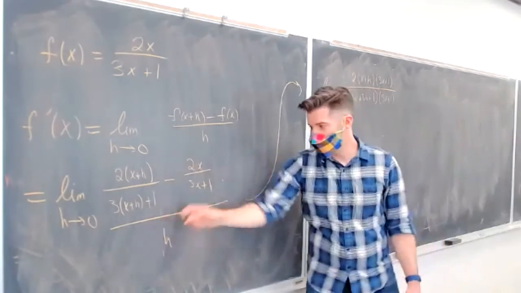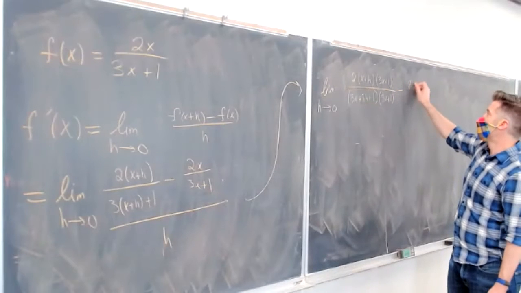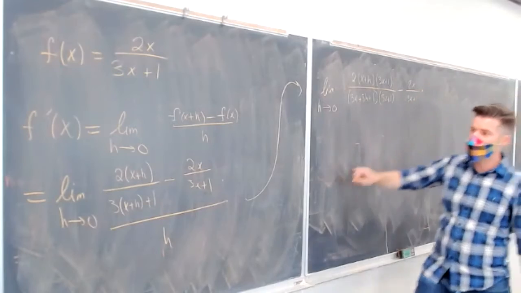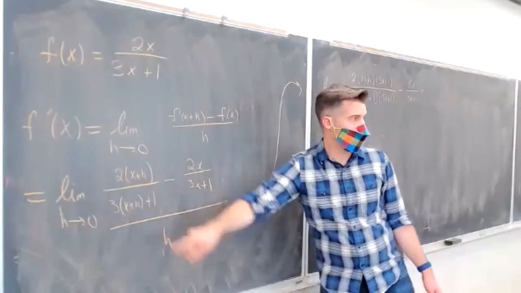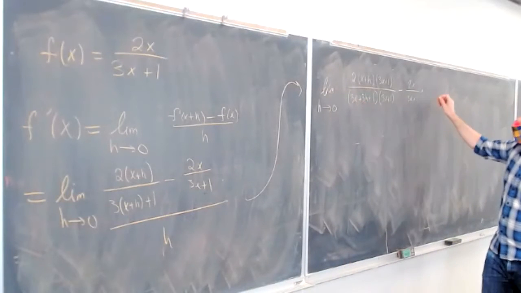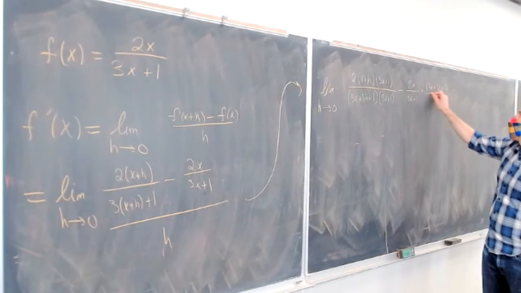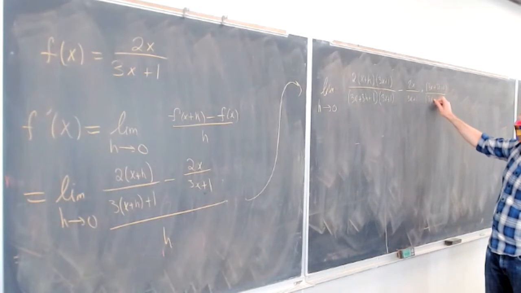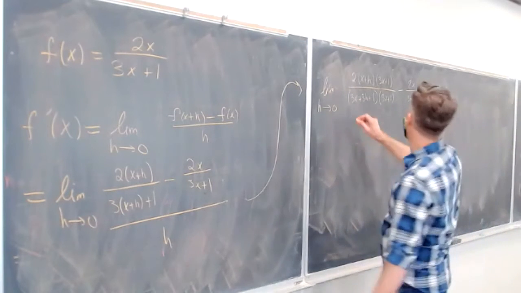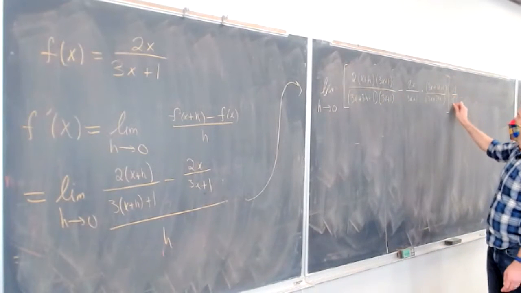Multiplied this piece by 3x plus 1 over 3x plus 1. Minus 2x over 3x plus 1 times 3 times (x plus h) plus 1, or as I would prefer to write it, 3x plus 3h plus 1, so 3x plus 3h plus 1 over 3x plus 1, all times 1 over h.